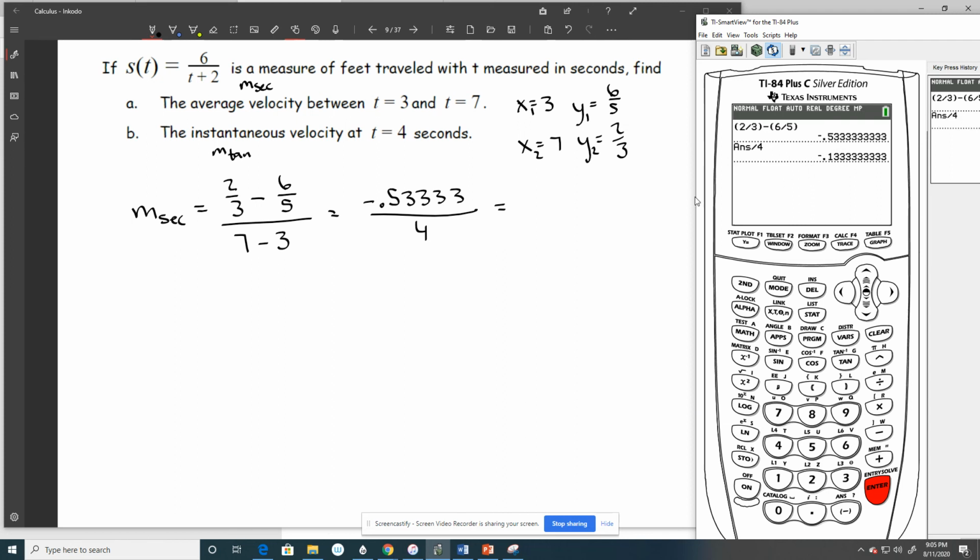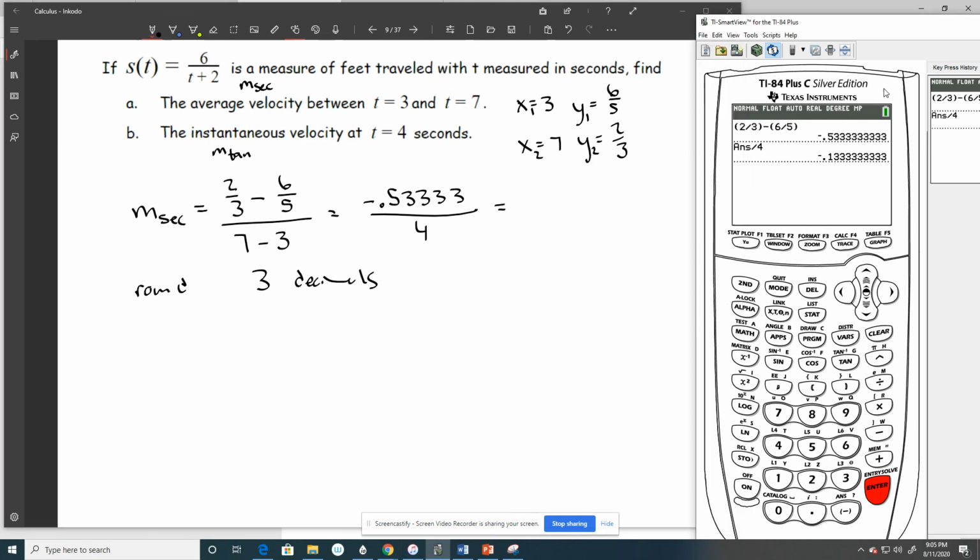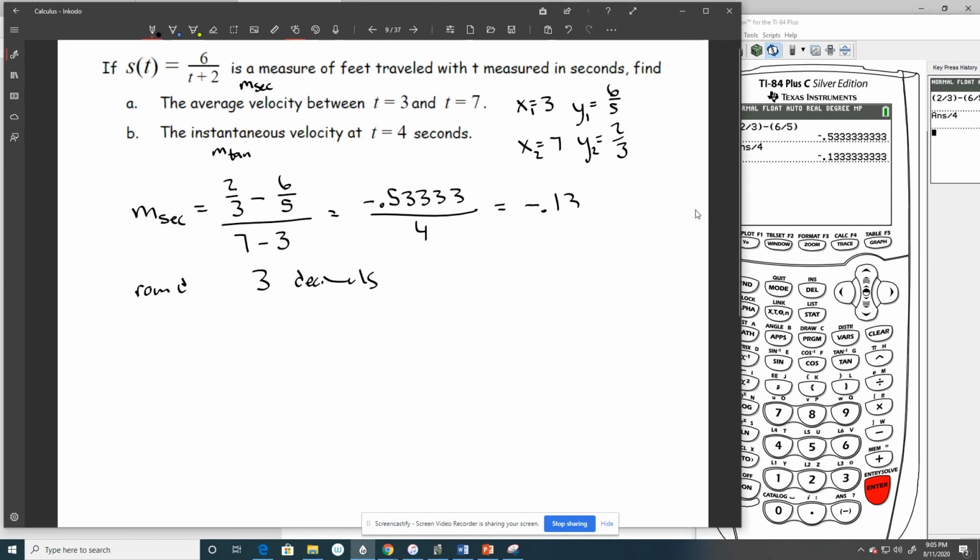On the AP test, it wants you to round to 3 decimals. So you should be rounding to 3 decimal places, and you want to be really careful when you do that. You don't want to round too early and get rid of stuff that you could need later. So negative 0.133 is a very acceptable answer right there.